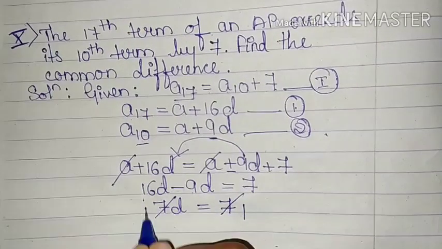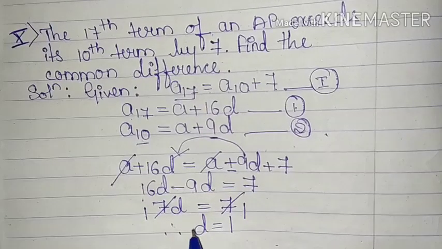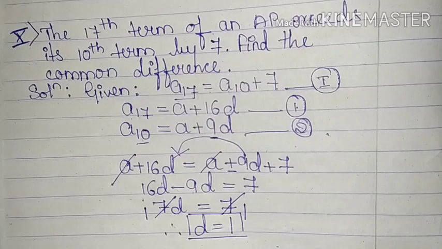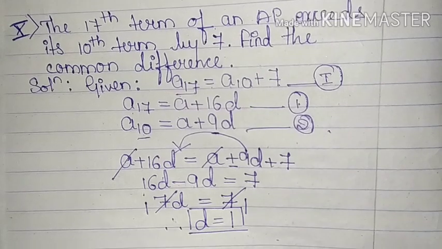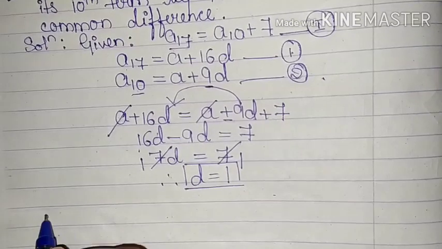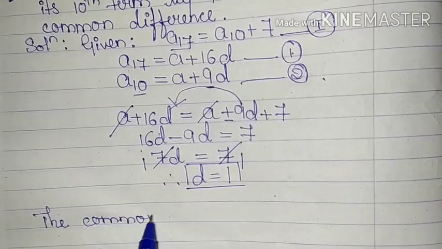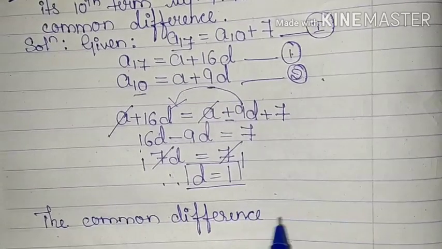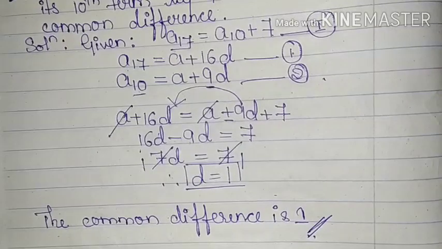Therefore, D is equal to 1. This is our answer. We had to find the common difference of the AP. So, the common difference of this AP is 1. Let's write it down. The common difference is 1. This is our solution.